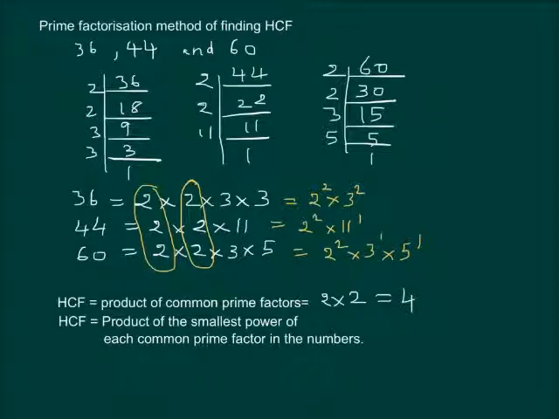Here we can see the only common prime factor is 2, and the smallest power of 2 in the three numbers is 2 power 2. So the HCF will be 2 square, which is equal to 4.